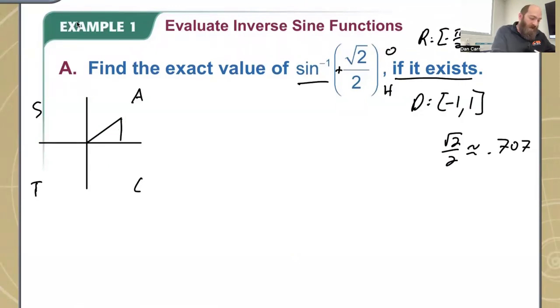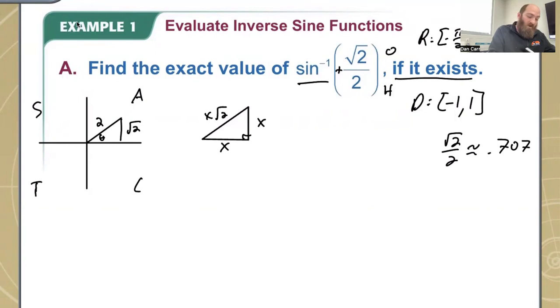My opposite side, here's my theta here. Opposite is going to be root 2. Hypotenuse is 2. So the goal here is to find what is theta. So theta has to create root 2 and 2 like that. Based on what I know about these, I'm going to use my reference triangles. I think it's going to be related to a 45, 45, 90, which is x root 2.